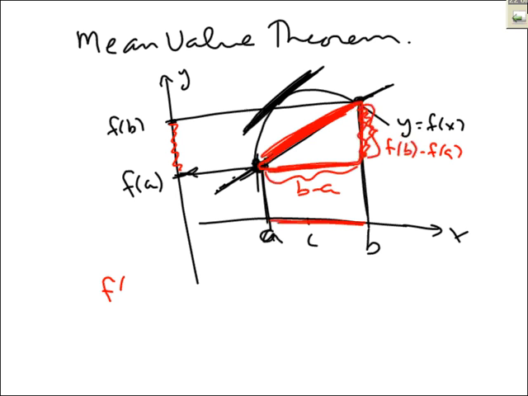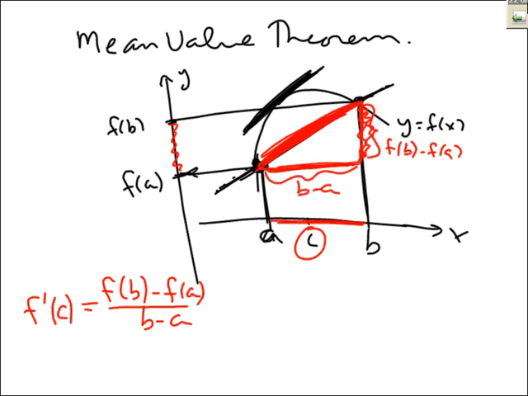So it's f of b minus f of a over b minus a. That number, that slope, is the slope of this line. It's the same as f prime at some c value. There's the c value. The c must be between a and b.